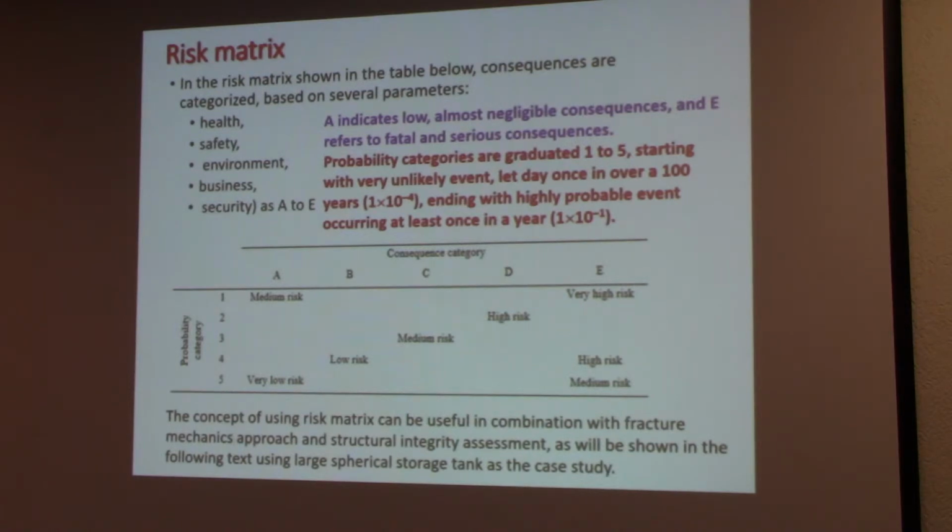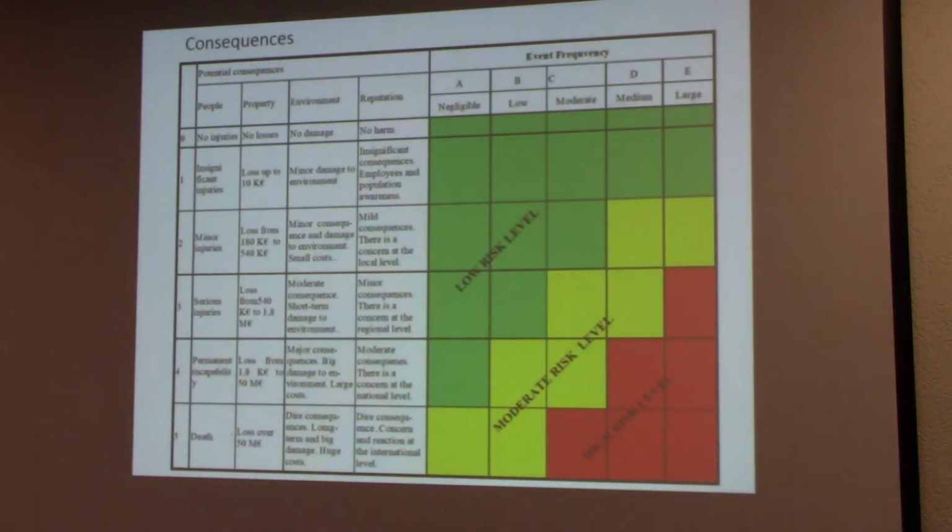But other than that, or some other specific situation, we have to deal with and consider health, safety, environment, business, even reputation, as you will see in the following slide. Something like that is written here, and starting from 1, which is the small consequence, up to 5, which is a very big one, you can see how we can estimate what the consequence is, just in this descriptive way.